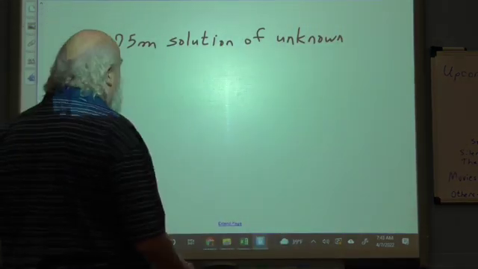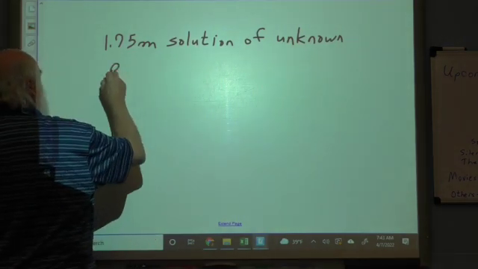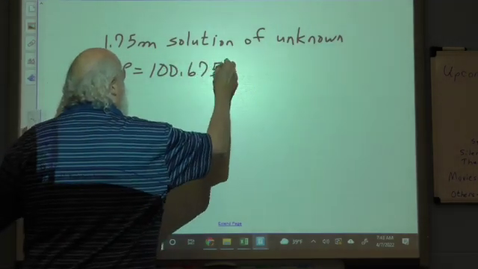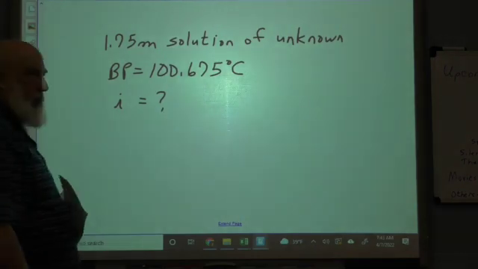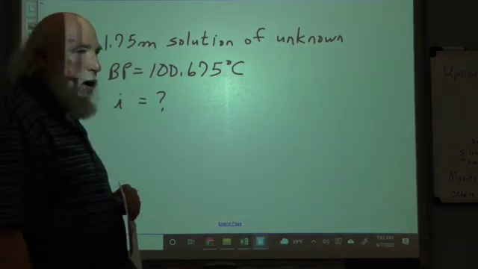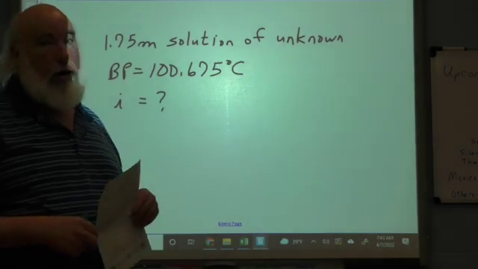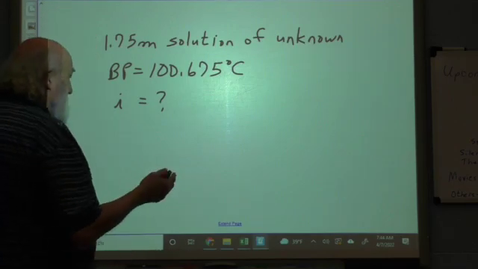What we're trying to find in this problem, if we are told that the boiling point for this thing is 100.675 degrees Celsius, then what is the value of I? And we'll have a pretty good idea if this is a complete dissolving compound or not. Obviously it's not, because otherwise why would I introduce it that way? But let's see how we can tell.